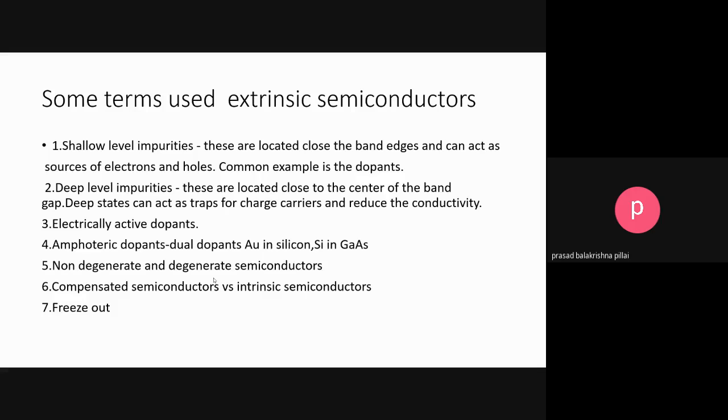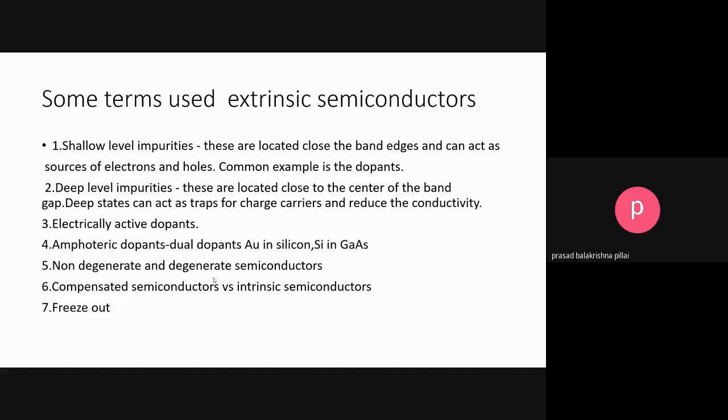Got the point? If an impurity level is close to the conduction band, you will say it is a donor level or shallow level. If it is close to the valence band, you will call it an acceptor level. So the middle one will be the deep level. If it is exactly in the middle, it is the most deep.